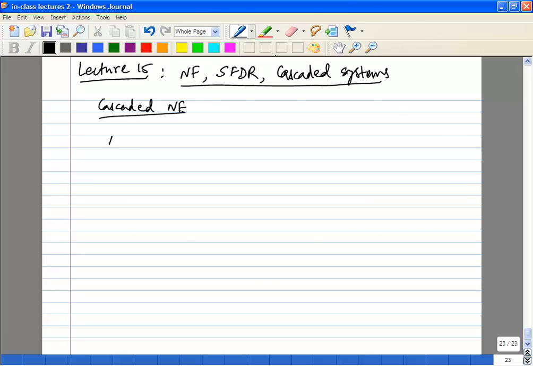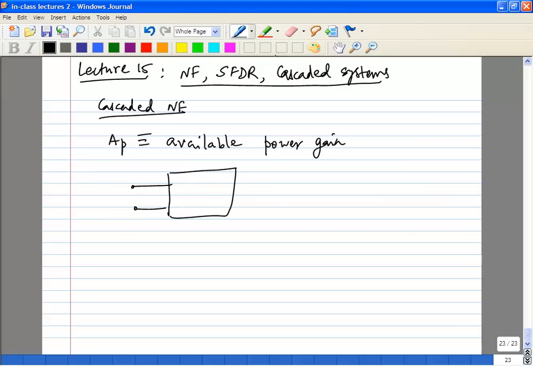But before we do that, let's see what is called the available power gain of a block. Let's say it's driven with a source Vs and resistance Rs. The load resistance is RL.